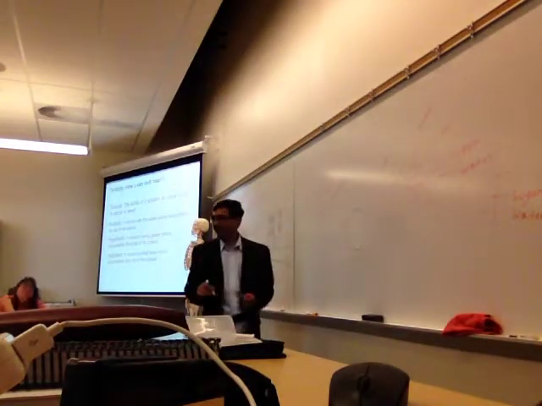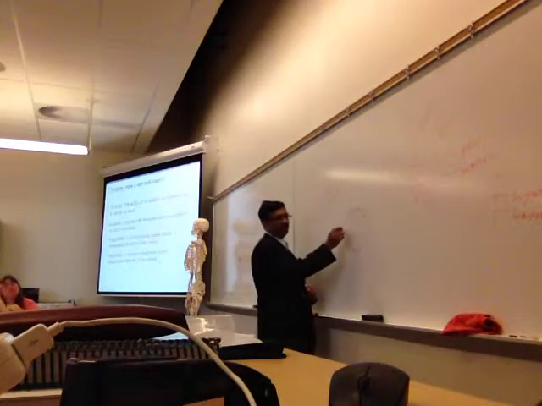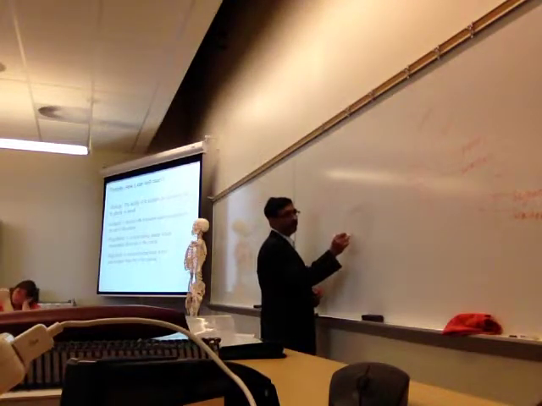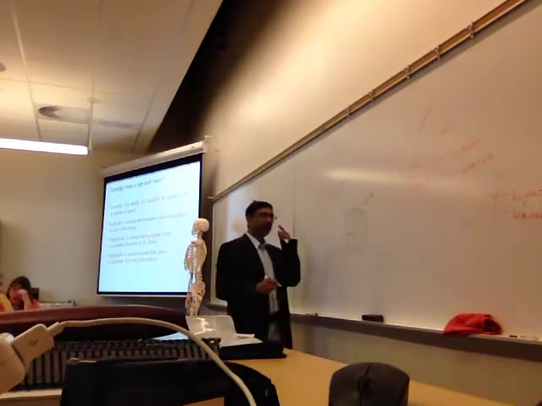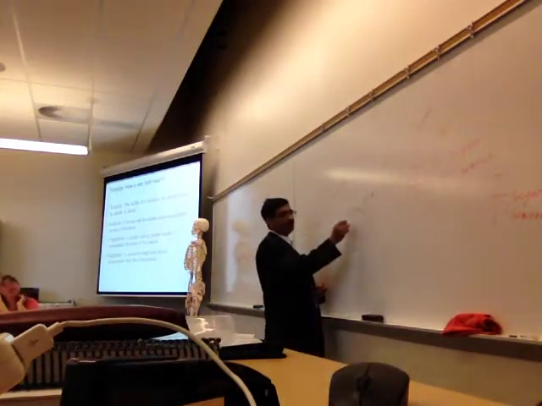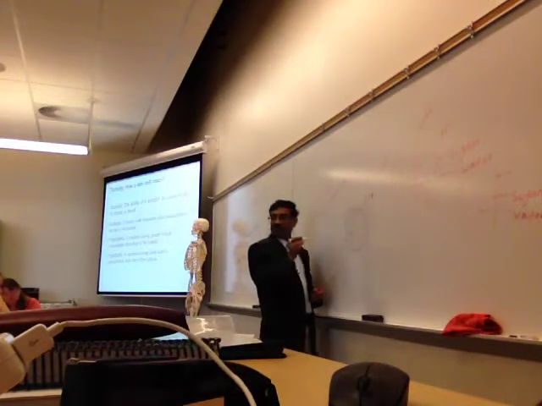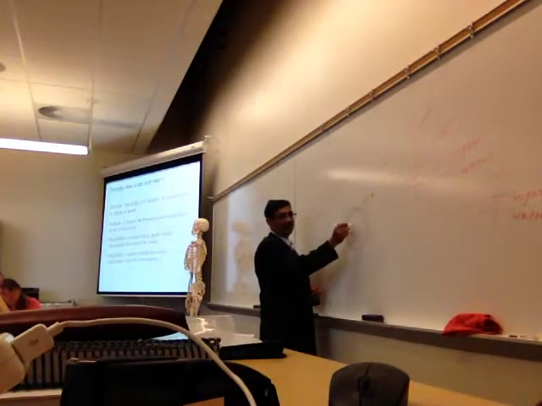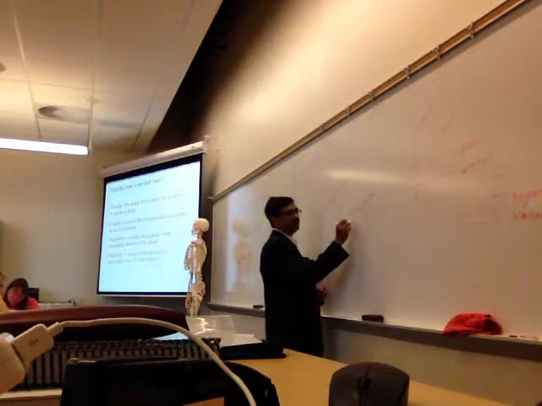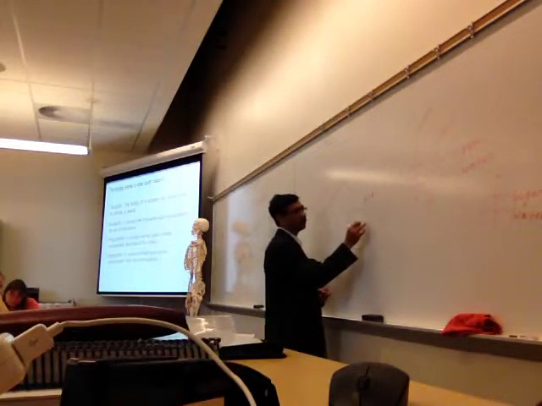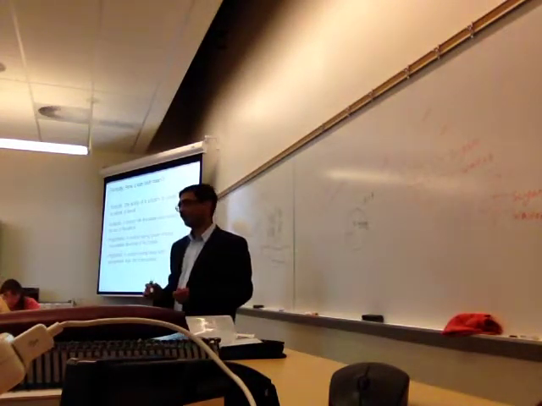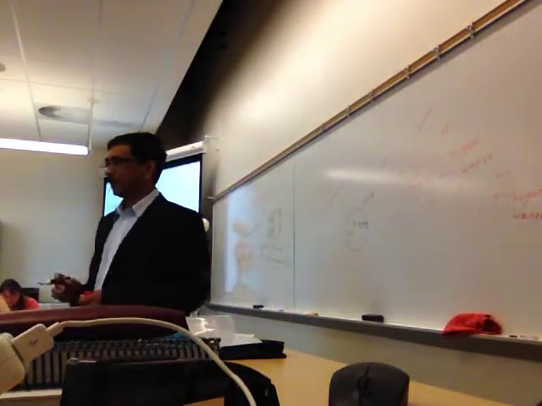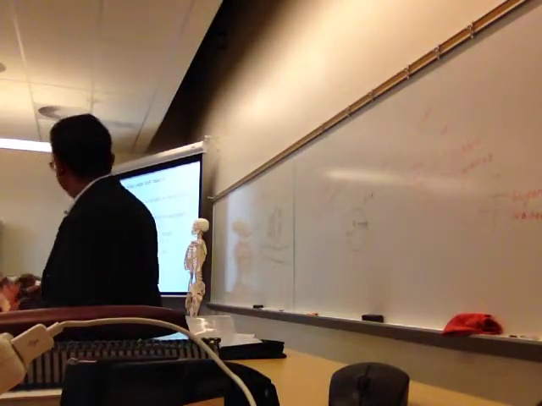This is a cell, and this is intracellular fluid. This is extracellular fluid, outside of the cell. And if the concentration of the fluid inside the cell is, let's say, 5 milliosmol. Milliosmol is the unit of tonicity.